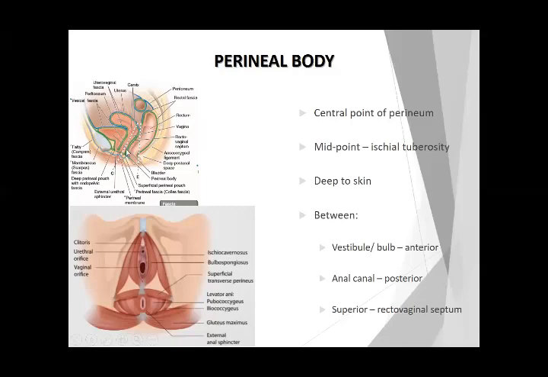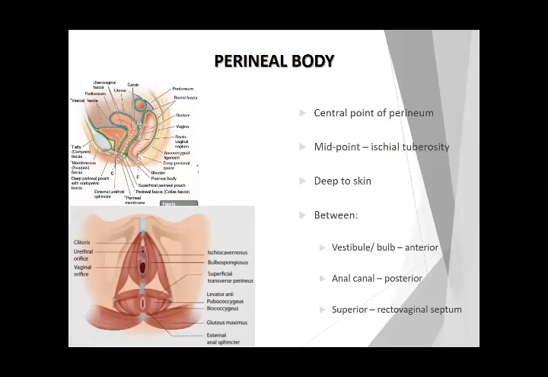If you remove the uterus from here, that is in the males, the posterior surface of the urinary bladder will come in contact with the rectum. So between them would be the recto-vesical septum, that will fuse with the perineal body from above. So superiorly it is recto-vesical or recto-vaginal septum, whatever you want to call it.